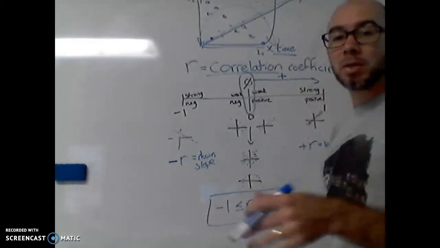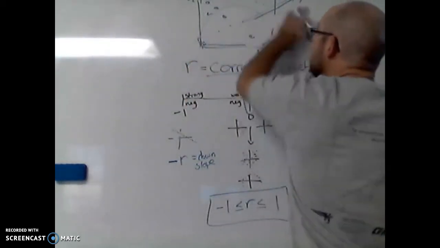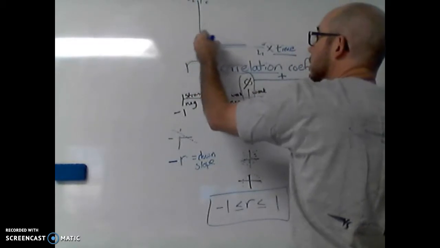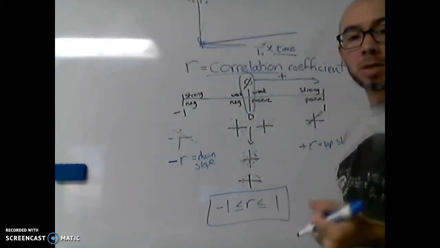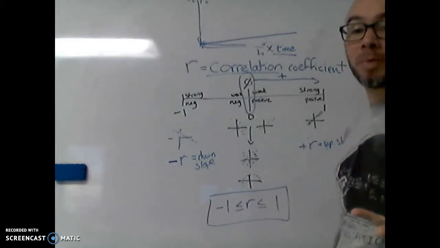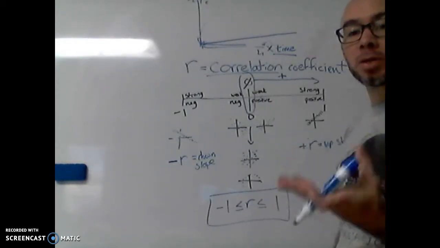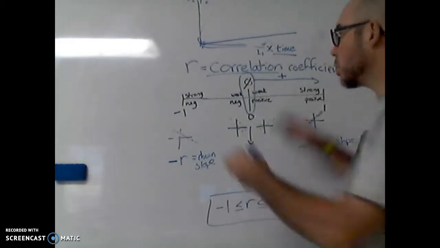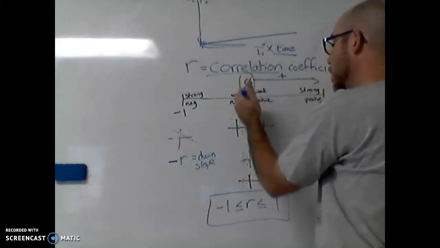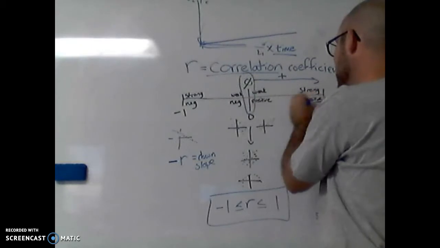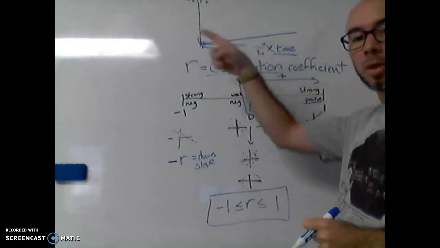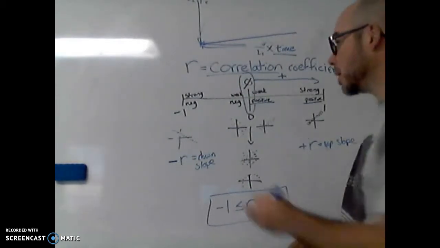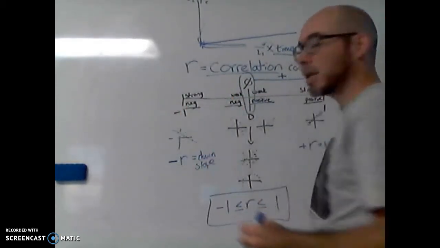Something could have a very strong positive relationship and have a very, very weak slope, a very small slope, like a 1/8 x type of slope, but have a very, very strong value for R. So anything over here on the positive side is a positive relationship between these two things that slopes up, and anything over here on this side is negative.